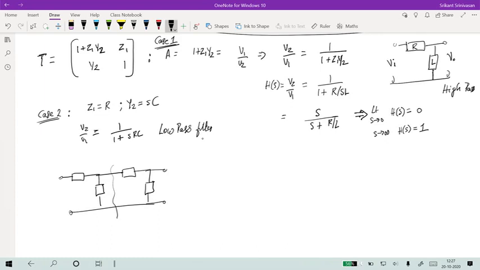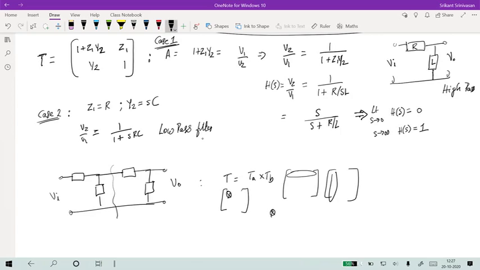And if I want to know the voltage transfer ratio, supposing this is V out and this is V in, then I know that the transmission matrix T is equal to TA into TB. And when I'm multiplying these matrices, if T looks like this, then for this element over here, I need to multiply this and this, right?